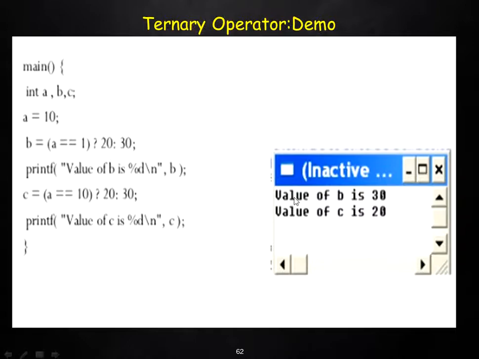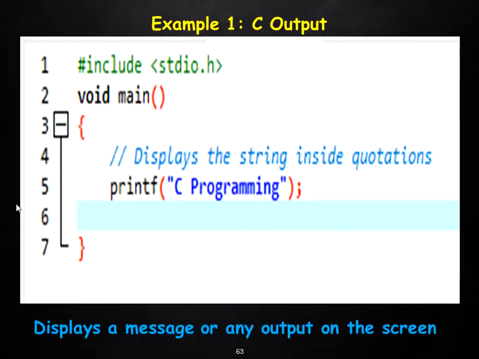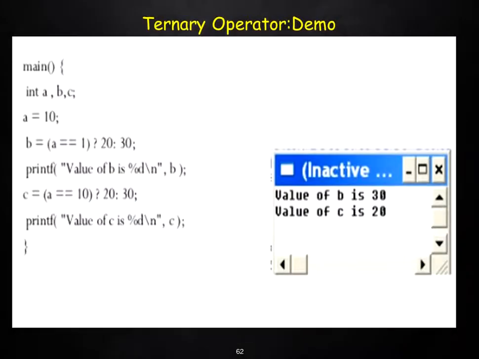So here you get the answer as 30. And then over here again it checks a equal to 10, which is true, so it pulls up the first block. So therefore you get C as 20. Whatever you wanted to throw the answer into, you have that as a parameter written to your left. So with that, I think I am done with a brief on operators.